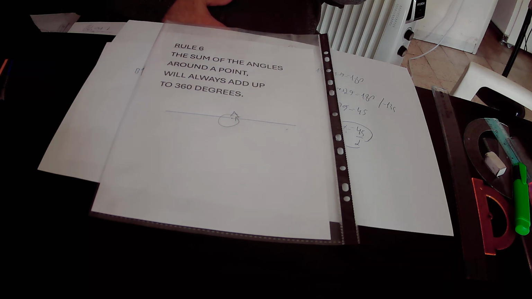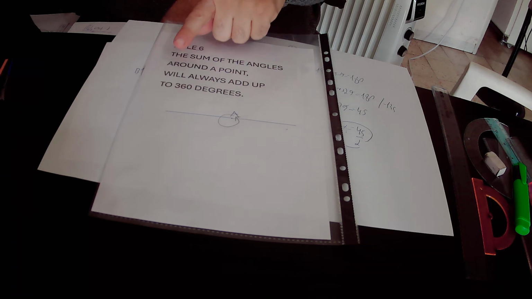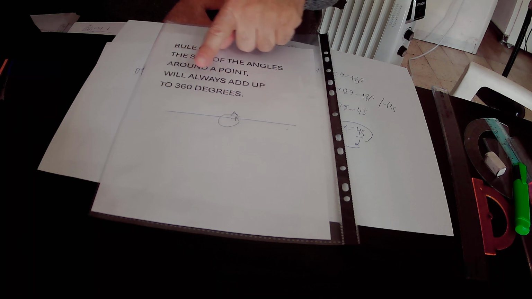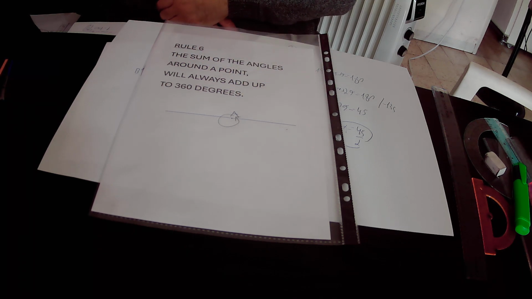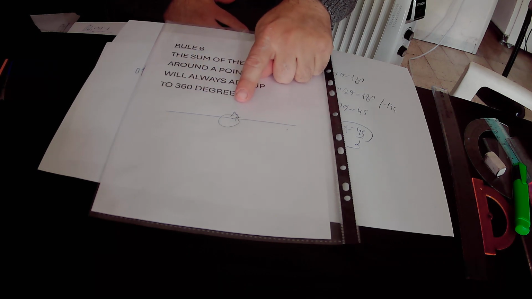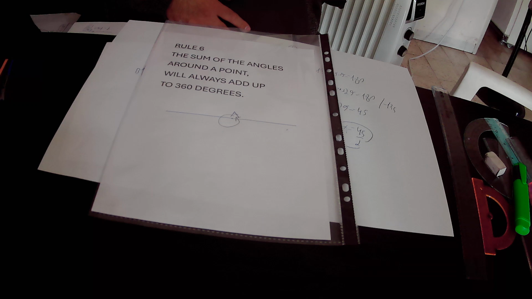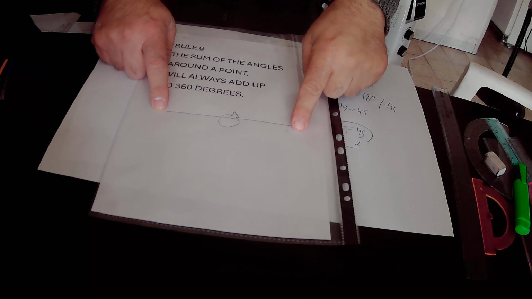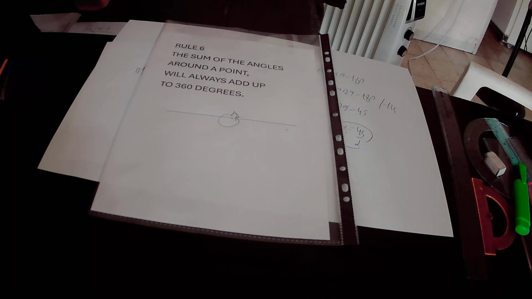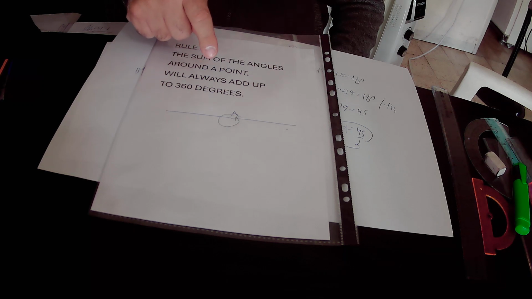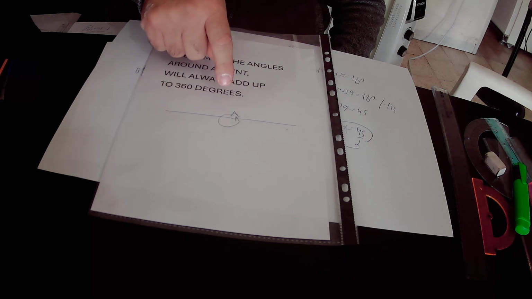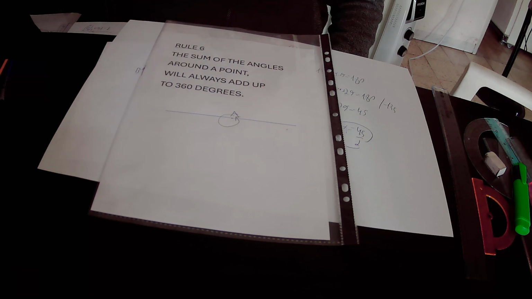Because we can prove it easily if we draw a straight line through point A. Then, according to rule number 3, the sum of the angles on the upper side of this straight line at point A must be equal to 180 degrees from one side. But from the other side, according to the same rule number 3, the sum of the angles on the lower side of this straight line at point A must be equal to 180 degrees. So in total, the sum of the angles around point A is 180 degrees plus 180 degrees, that is 360 degrees. Exactly according to rule number 6.